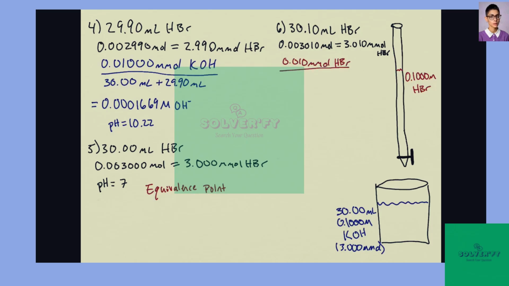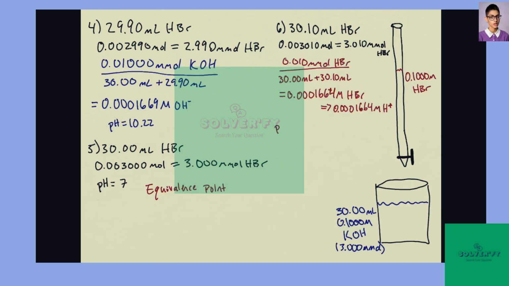This is then in a solution of 30 milliliters from the KOH plus another 30.1 milliliters from the added HBr. And this gives us a concentration of 0.00016664 molar HBr. And this implies the same concentration of H+, since there is a 1-to-1 ratio of H+ and HBr.